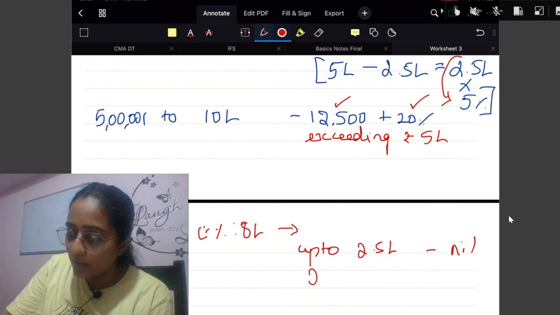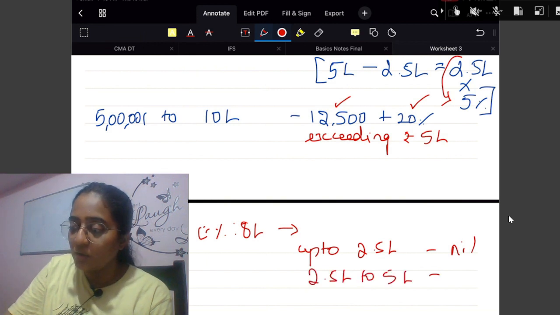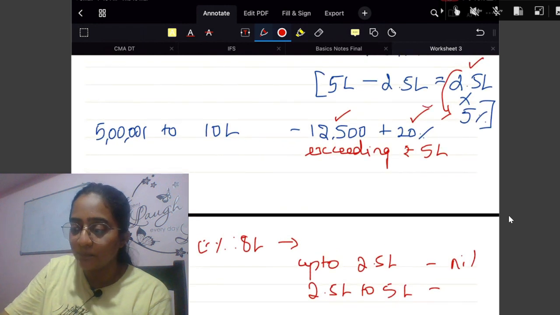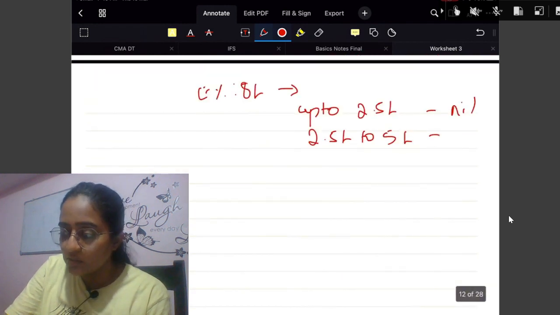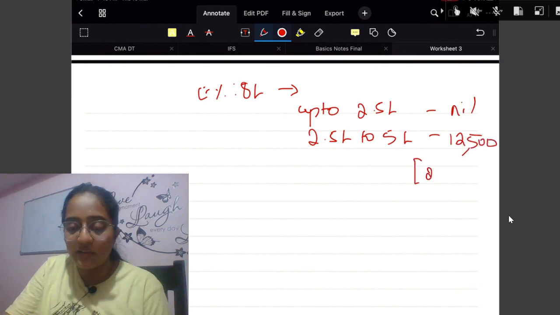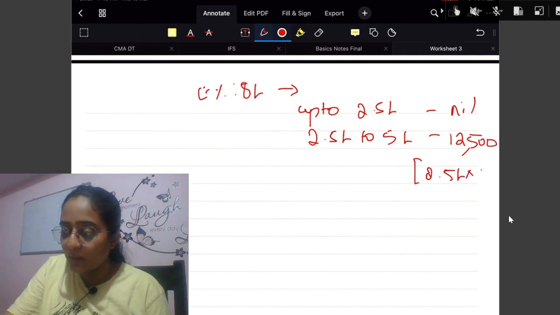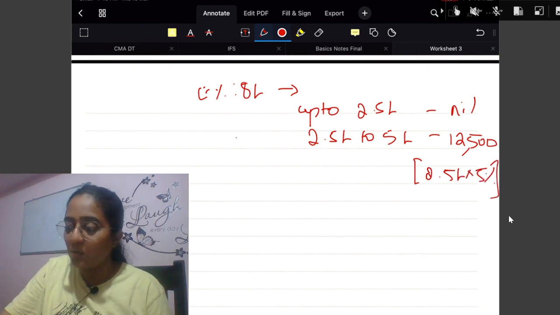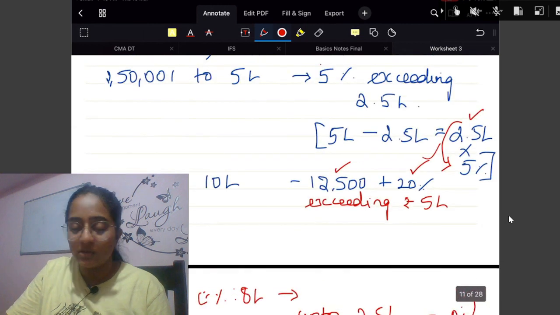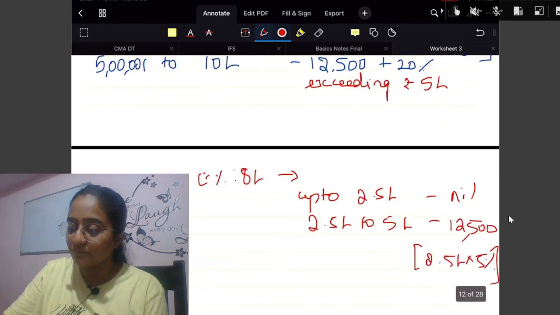From 2.5 lakh to 5 lakh, you are going to do this calculation, and it's going to be 12,500. How did you get 12,500? Very simple. 5 lakh minus 2.5 lakh, you will get 2.5 lakh. 2.5 lakh into 5%. 5% is the tax rate.